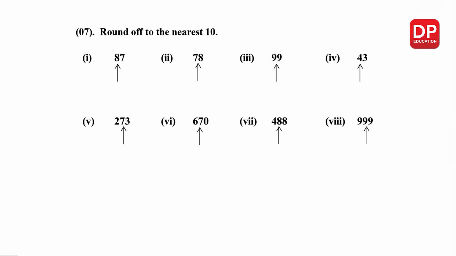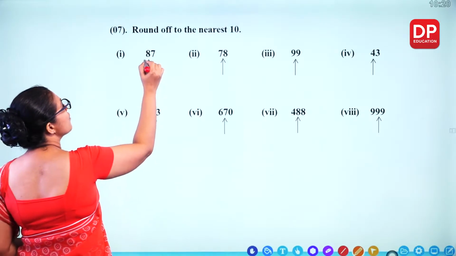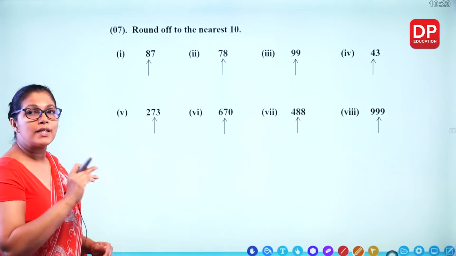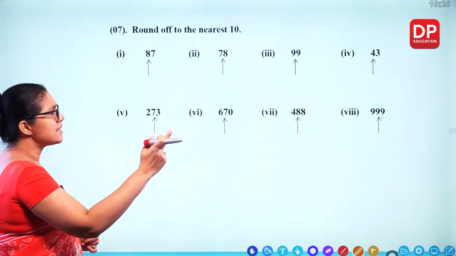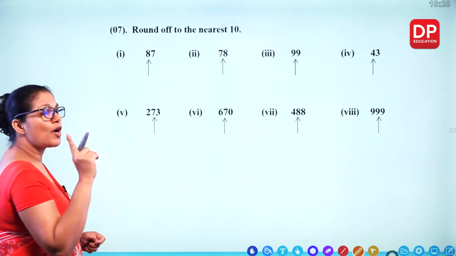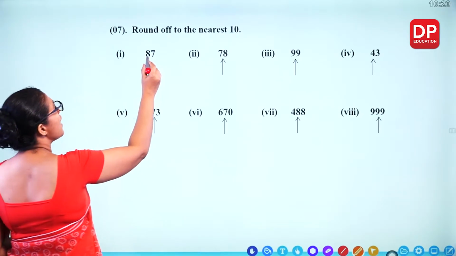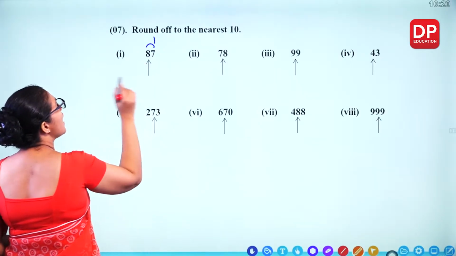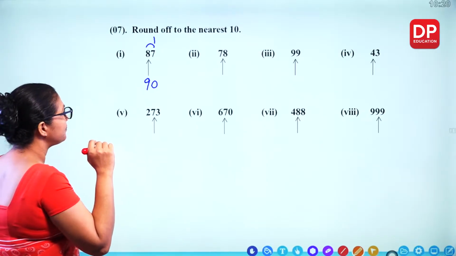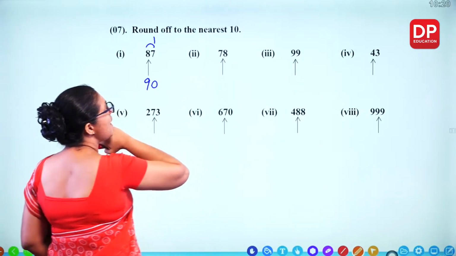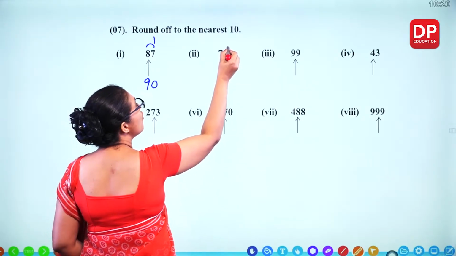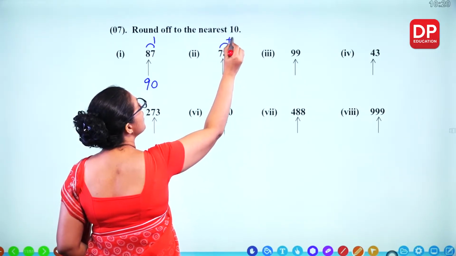Round off to the nearest 10. So put an arrow. So 8 is the number. So what's the number next to that? 7. 7 is more than 5. Then what you do? If it's 5 or more, you add 1 to that. So what's the number? It becomes 90. 7 is the number. Next number is 8, more than 5, add 1 to that.